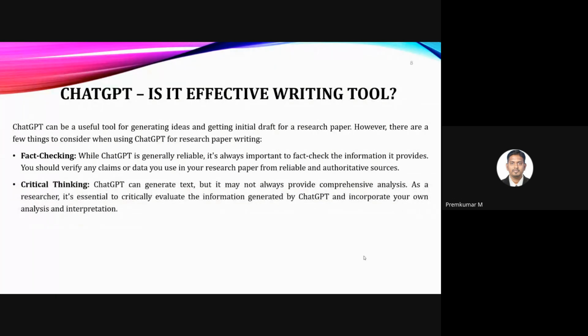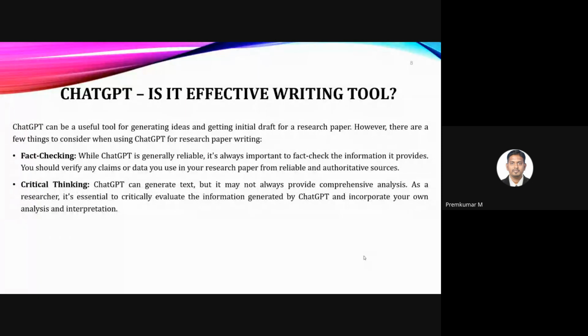And critical thinking. As you know, ChatGPT is a text-based tool. It can generate text, but it may not always provide comprehensive analysis. When we have experimental readings or experimental data, as researchers we are the experts, so we have to analyze and evaluate the data and our results.